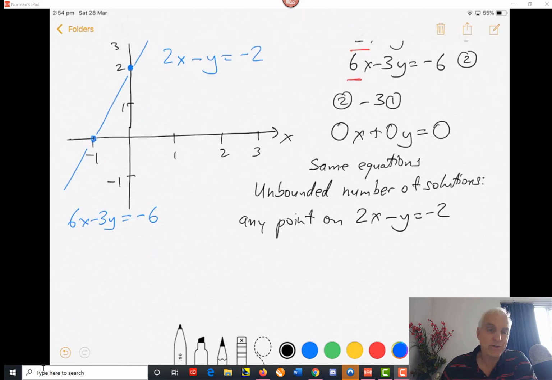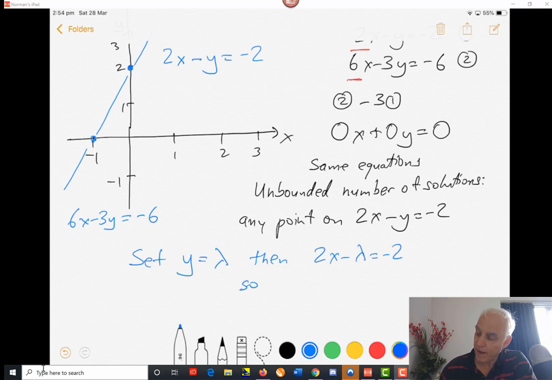And how could we actually describe points like that? Well, one way would be to set one of the variables, let's say y equals a parameter, let's say lambda. Then the equation would become 2x minus lambda equals minus 2, so that x will be lambda minus 2 all over 2, so that's 1/2 lambda minus 1.